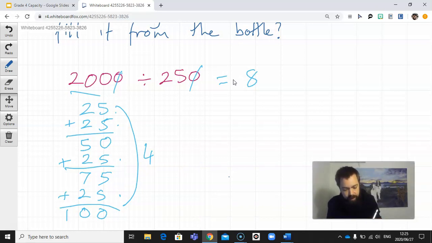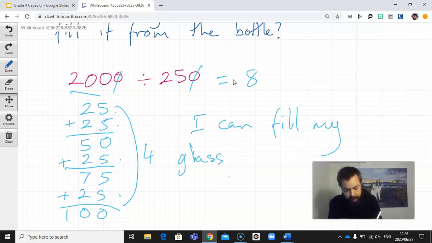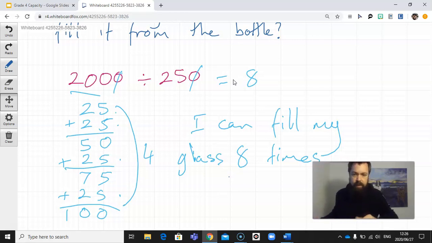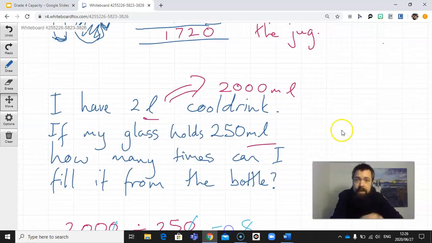All right, so I can fill my glass 8 times. So the most important thing to note with looking at capacity is that you're able to convert, particularly between liters and milliliters.